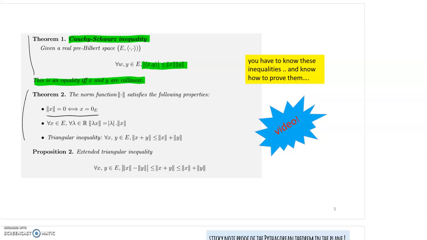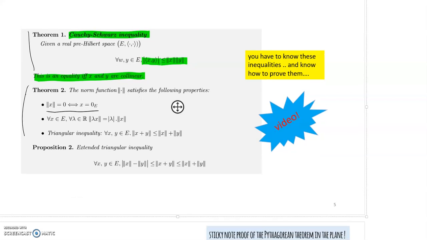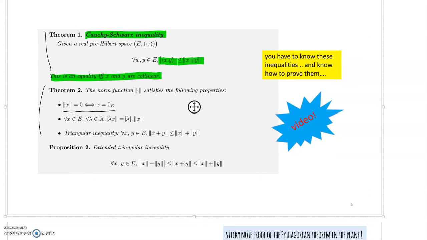Next one, for all x that belong to E, we have that the norm of lambda x is equal to the absolute value of lambda times the norm of x.